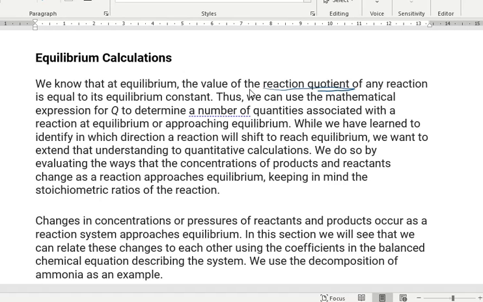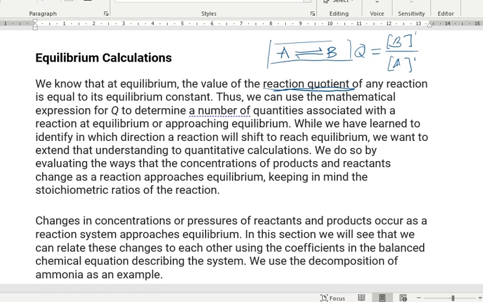Okay? So, basically, the reaction quotient is this: if I have this equilibrium, supposing this, for this reaction, we don't know if it's at equilibrium. So we get the reaction quotient, which we denote as Q. So the reaction quotient would be B over A, right? Raised to the power of 1 and 2.